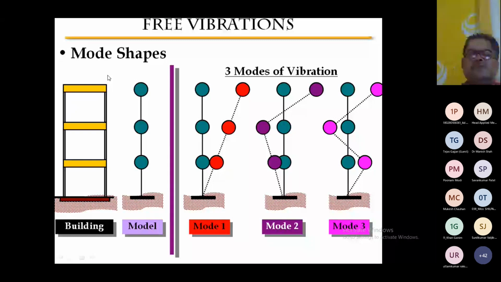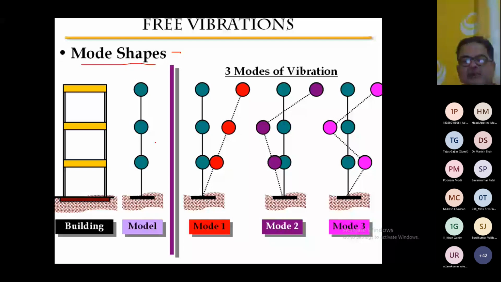Now, on the basis of the applied frequency, your system is going to vibrate, right? So here, if the mode shape is a deformed shape, it is a 3 degree of freedom system. So I'm going for the spring mass model or the stick model.